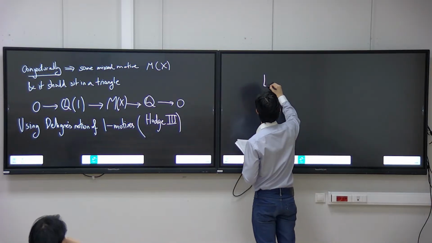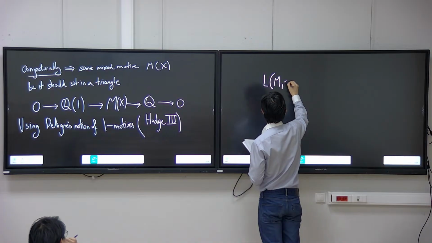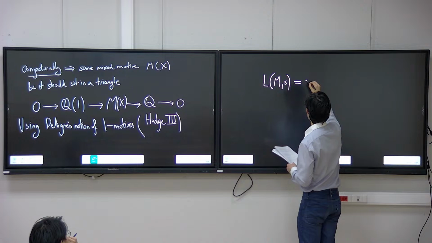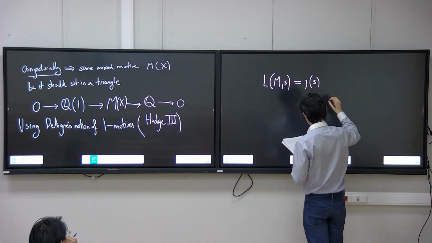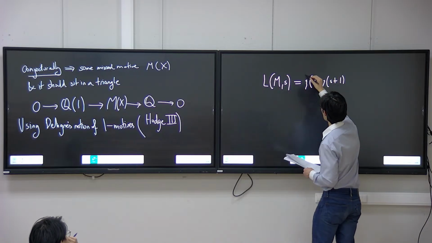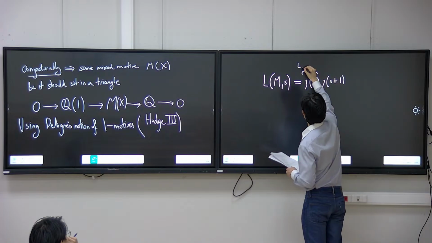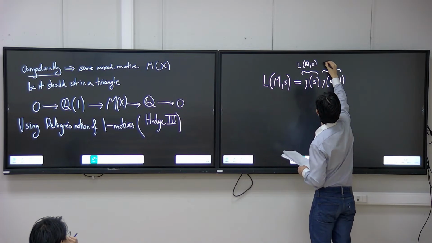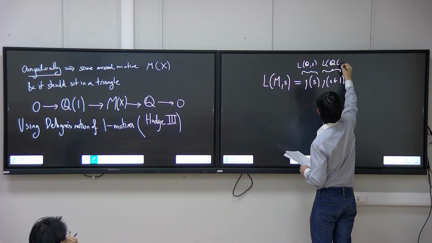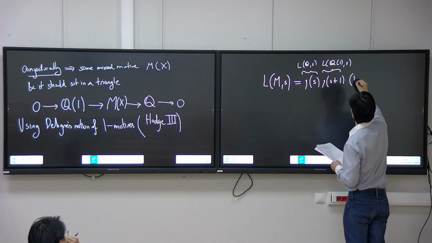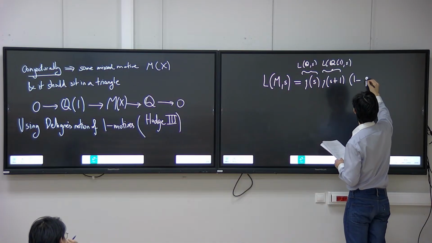The L function of M of s should be the zeta function of s, the zeta function of s plus 1. So this corresponds to the L function of Q of s, and this corresponds to the L function of Q(1) of s, times some extra factor, 1 minus p to the minus s.